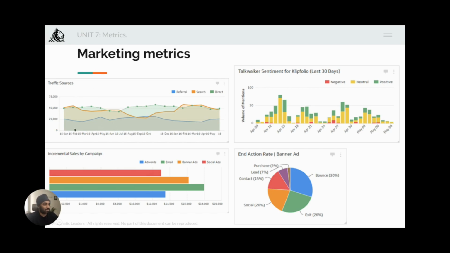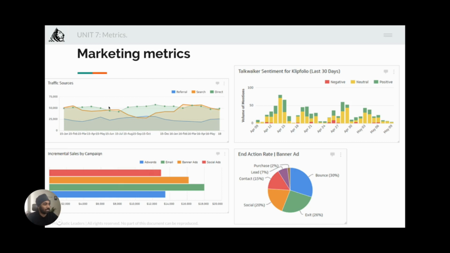Now, in traffic sources, you can see there's a blue line, which is the referral traffic. The referral traffic is kind of stagnant at 25,000. Then there is the search traffic, which has a significant dip, almost to 50% somewhere in the September month, and then finally it grows up, while the direct is kind of stabilized at 50,000 visitors, right?